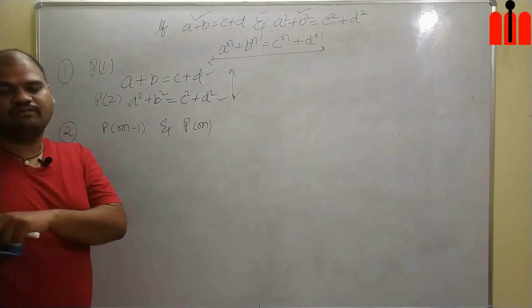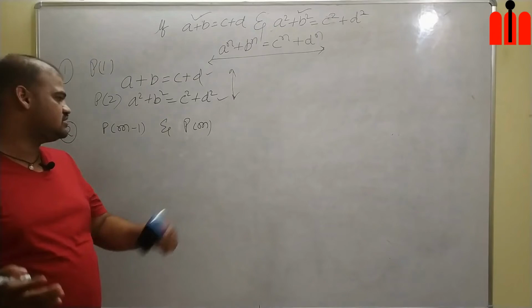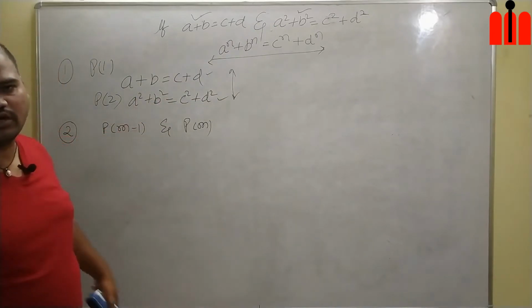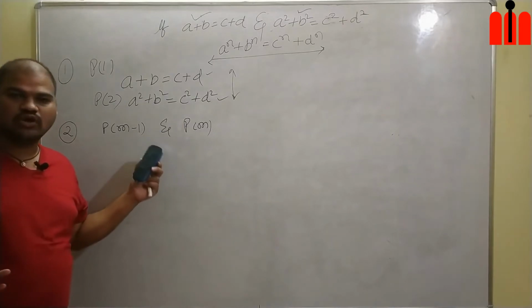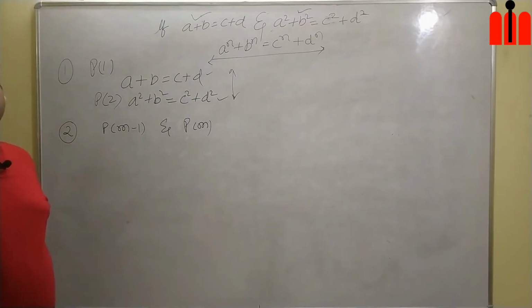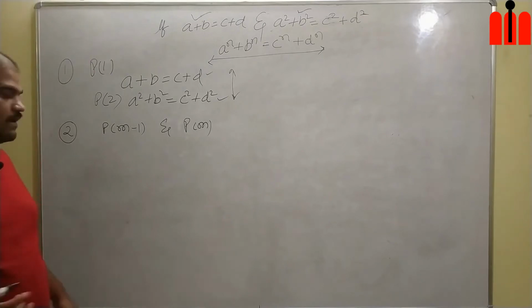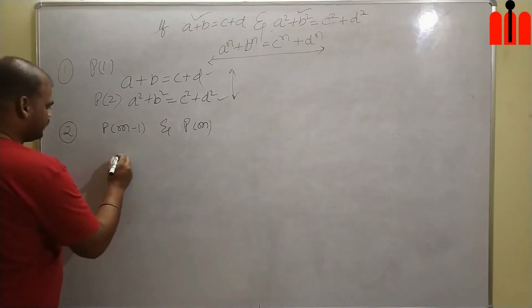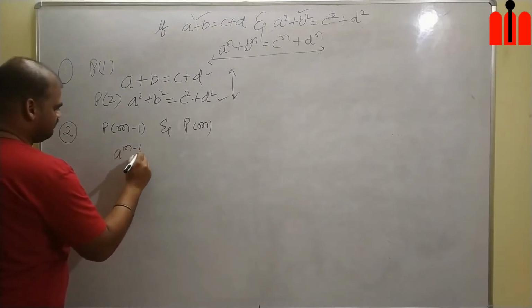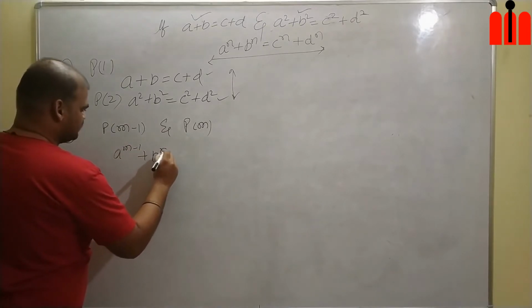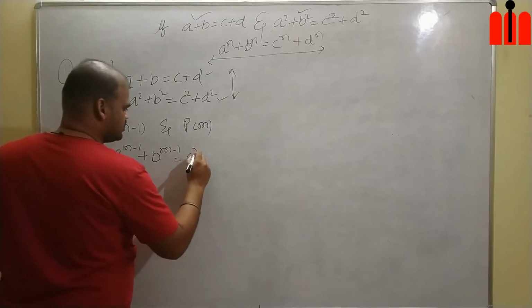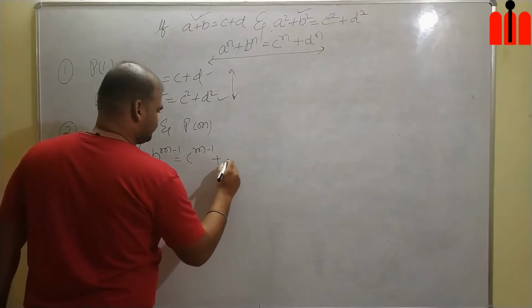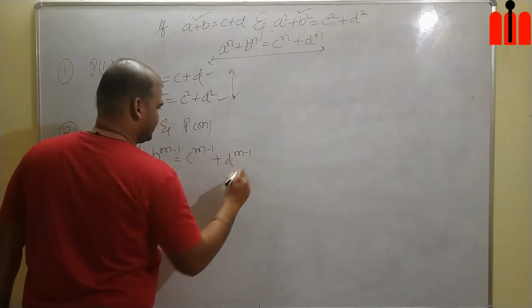So if I prove that my n is true, that means everything will be true. By reverse order, everything will be true till 1. Okay, so I am writing the concrete statements for Pm minus 1 and Pm. For the first, it will be a to the power of m minus 1 plus b to the power of m minus 1 is equal to c to the power of m minus 1 plus d to the power of m minus 1.